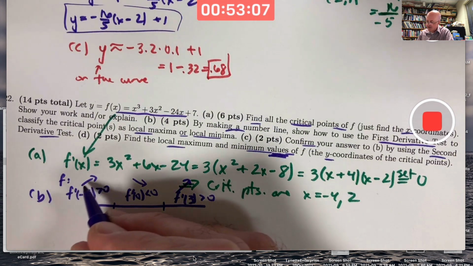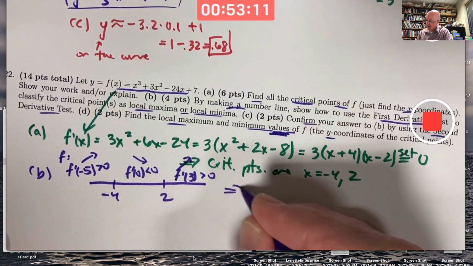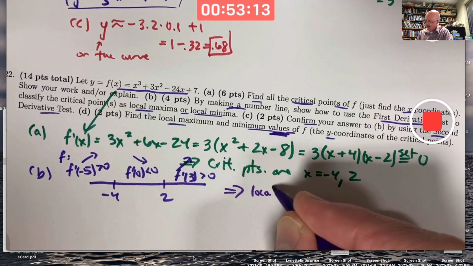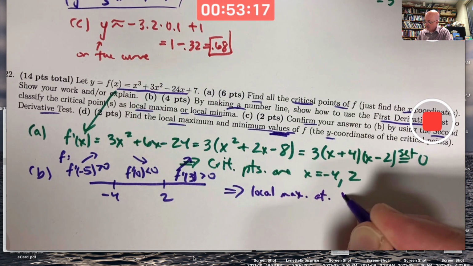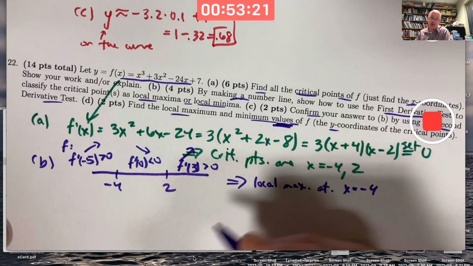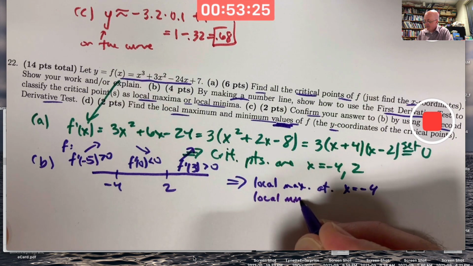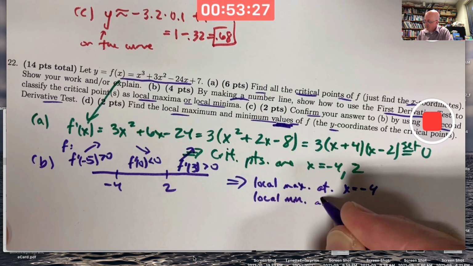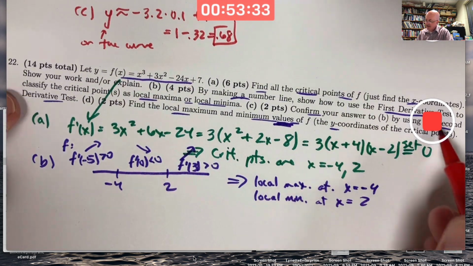The graph of f is going to go up, then down, then back up again. Local max at x equals negative 4. Local max are also called the relative maxes. A local min at x equals 2.